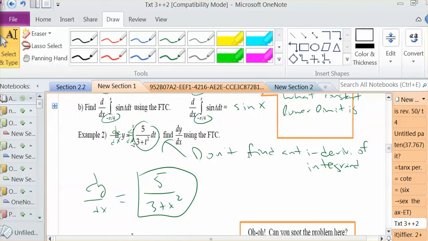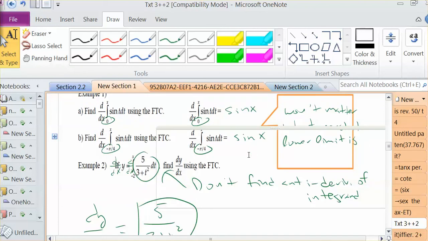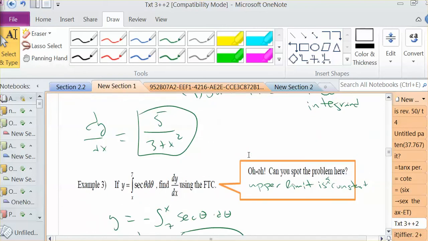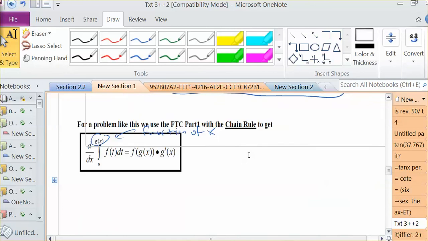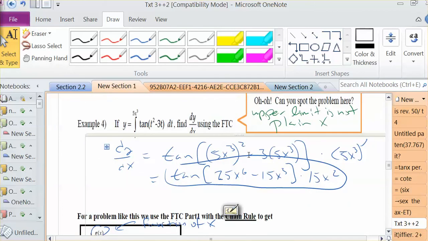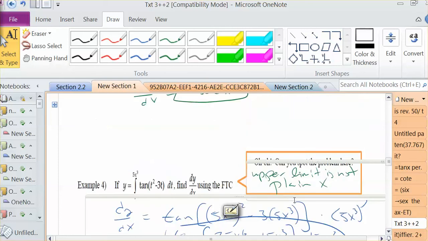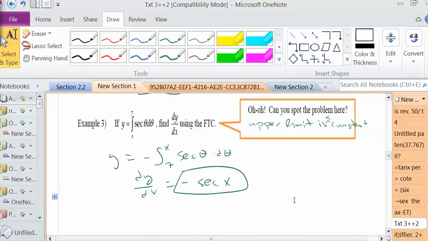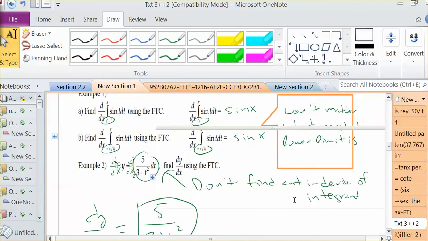When x is the upper limit, what's the derivative of x? 1. So you don't show it, but it's almost like we're doing the same thing. We've got to be a little more deliberate about it when the upper limit's not just plain x, it's something else. And of course, make sure your lower limit is a constant. And again, the lower limit could be any constant, as we've shown already with some of these other problems.